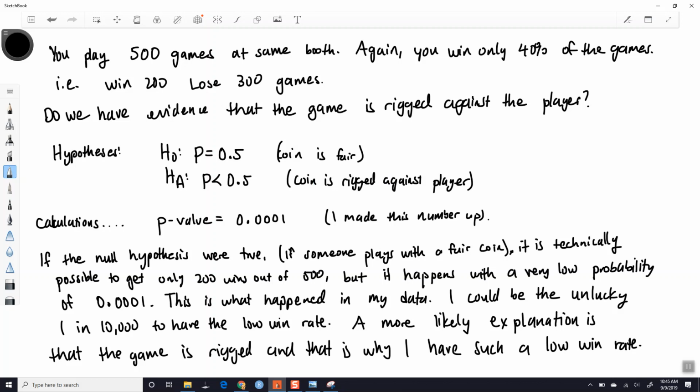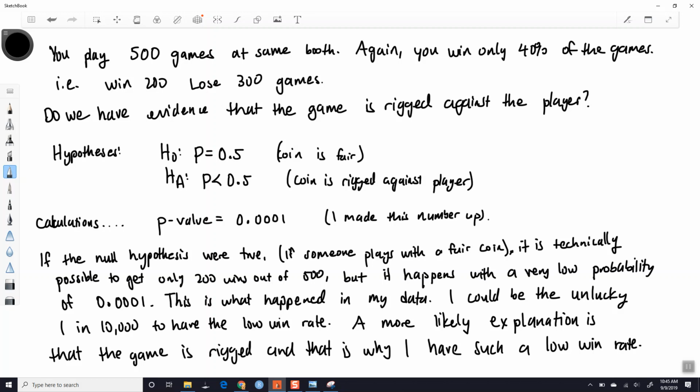Does this logic make sense to you guys? So when the probability of our data is low, that's when we say I have evidence that something is happening, that it's not a result of randomness. Because we're just saying, could it happen from randomness?